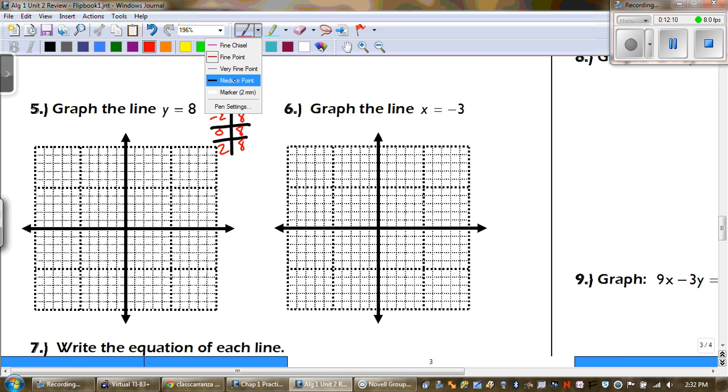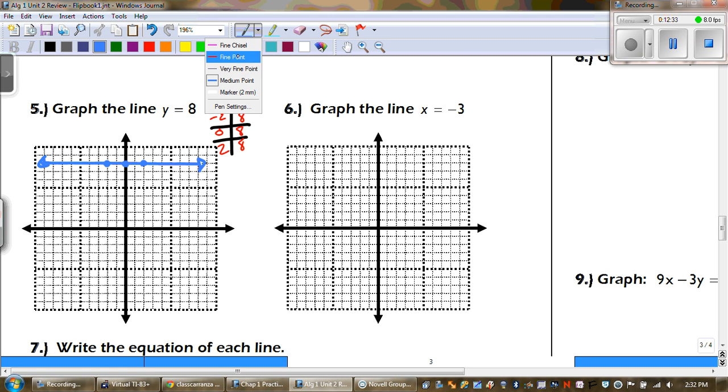Be like, all right, so negative 2, 8 is right there, 0, 8 is right there, and 2, 8. And then you can tell, like, oh, Mr. Grice, that's a horizontal line.